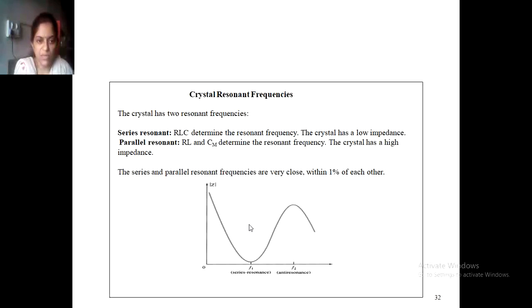In the series resonance circuit arrangement, the resistor, inductor and capacitor are in series, giving low impedance. In parallel resonance, they are in parallel to each other and the crystal has a high impedance. The frequencies for the series and parallel resonance are very close, within 1% of each other.